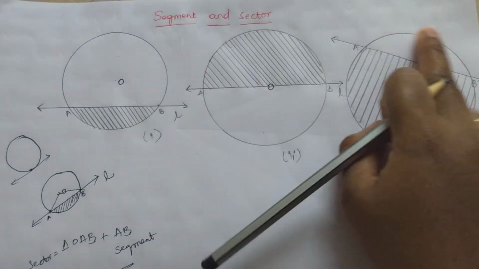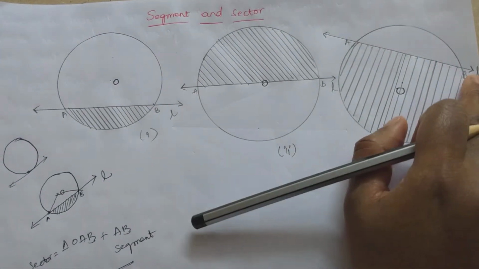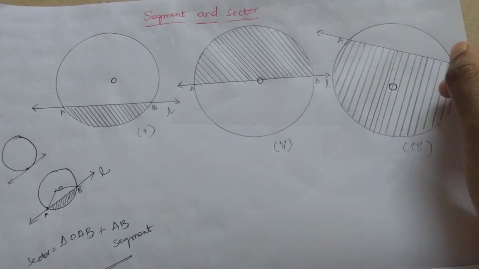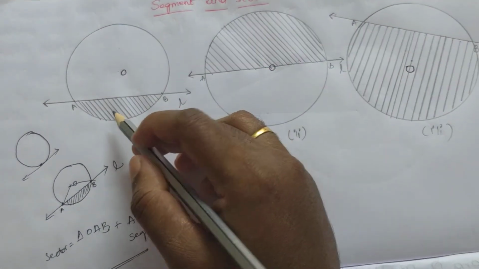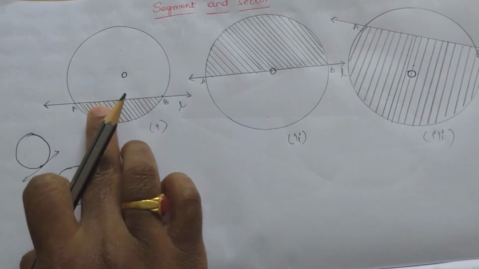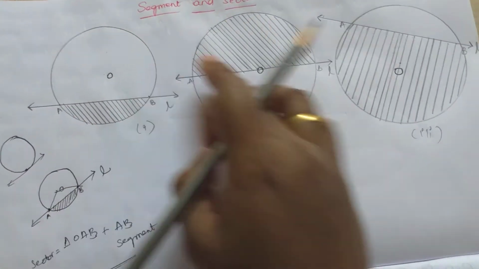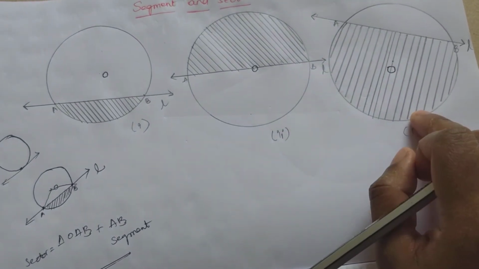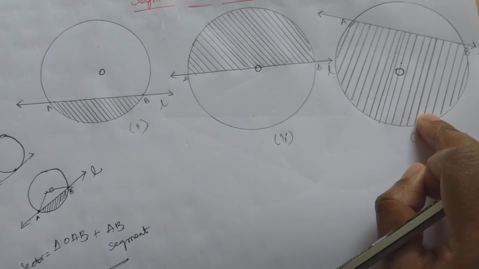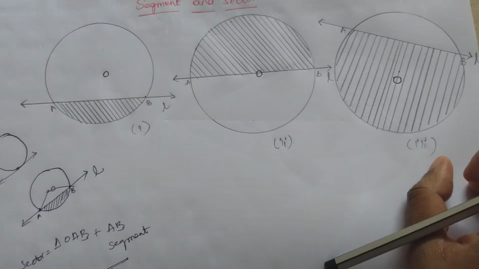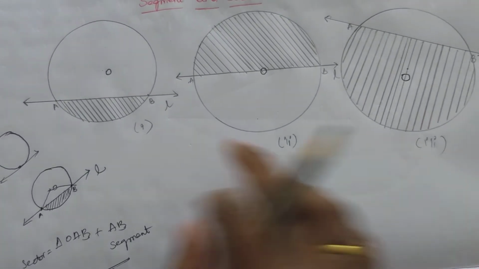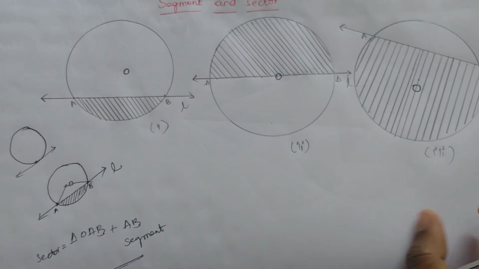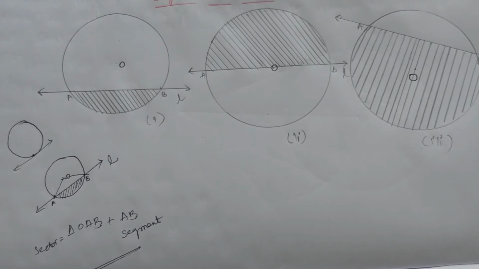When you see here, this line intersects the circle into 2 parts. The small shaded part is called minor segment and the other part is shaded in the third figure. It's nothing but this is a major segment. Clear? So how to find the area of the segment? So this segment area, how can we find? That is what we are going to deal with now with the help of an example.